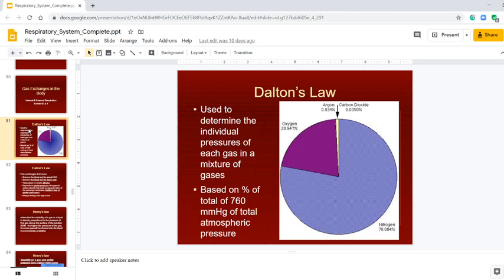In atmospheric pressure, the majority is nitrogen, then a certain amount is oxygen, and a small amount is argon and carbon dioxide.